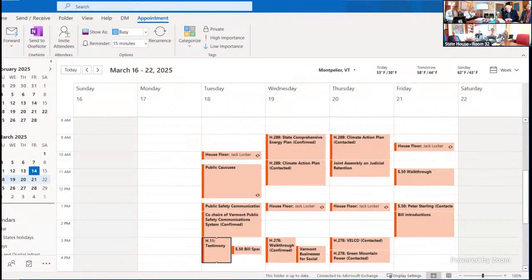Correct? True. It doesn't even mean we're going to take it up, but I have every intention of taking up S.50 and S.65. I mean, the Senate has. Do you have the opportunity not to?